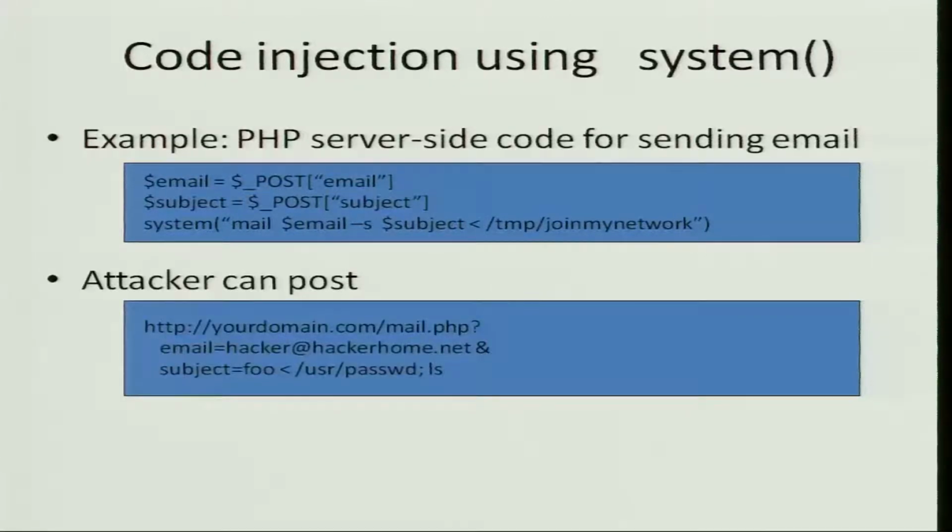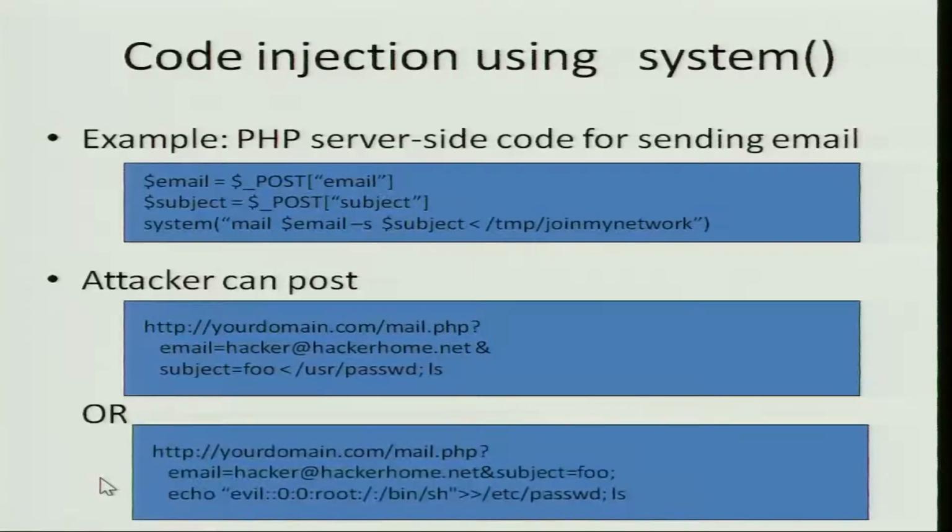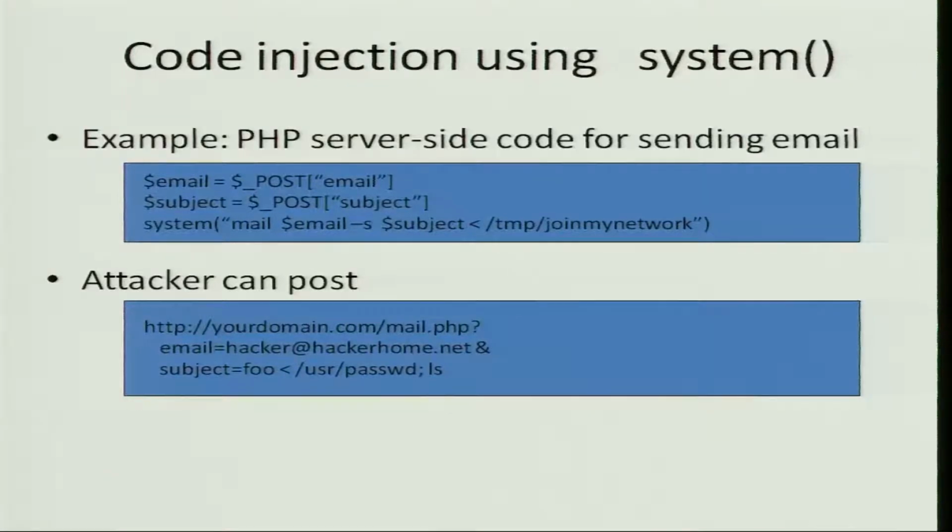So now what the attacker can do, if these email fields and the subject fields are not properly sanity checked, is say I want this hacker email, and in the subject line, instead of just giving the subject, it also gives a command that redirects the user password file and the ls command. So the hacker will actually get by email the password file and the file listing.